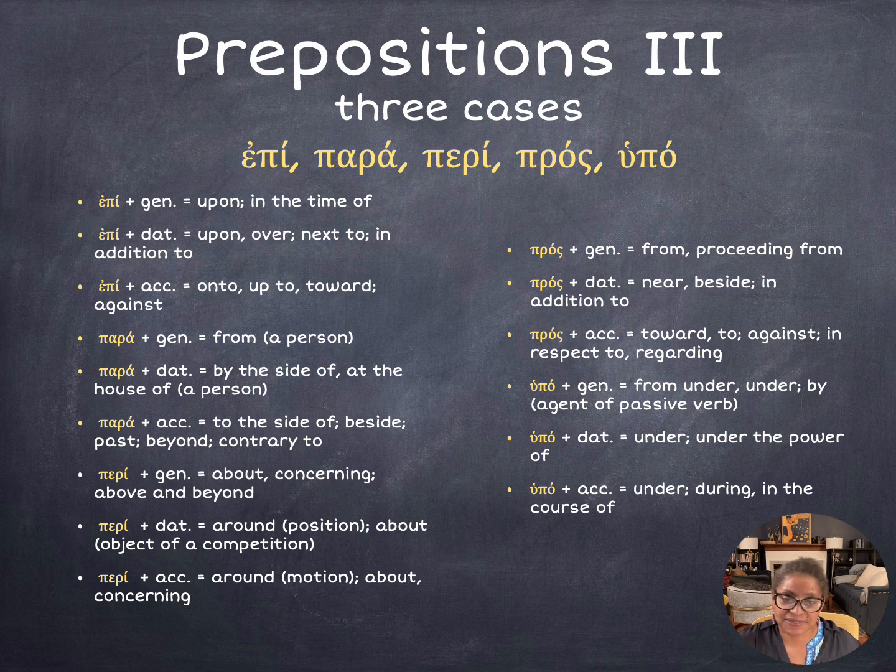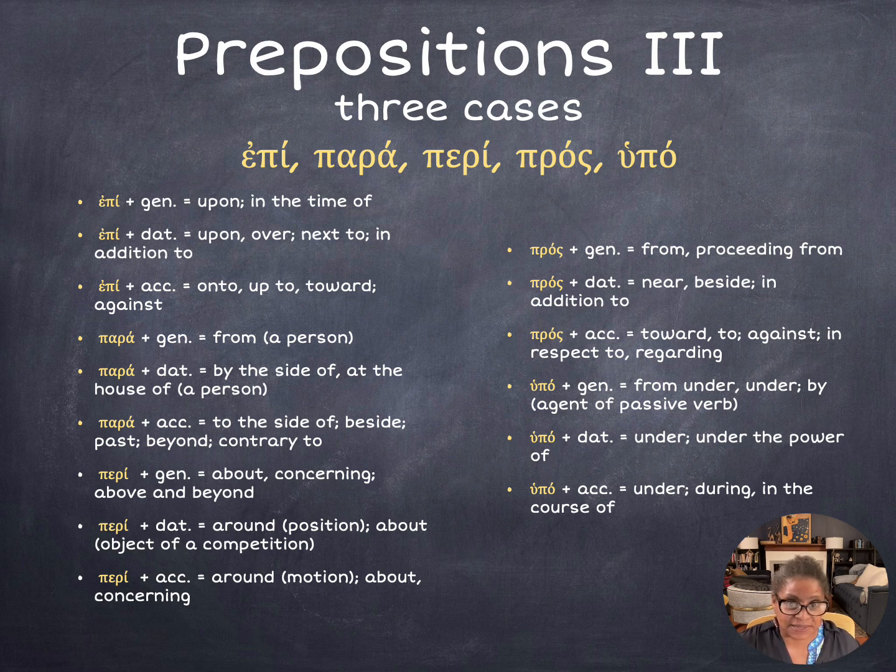Okay, the prepositions number 3, the ones that take 3 cases, are epi, para, peri, pros, hupo. So epi plus the genitive means upon and in the time of.